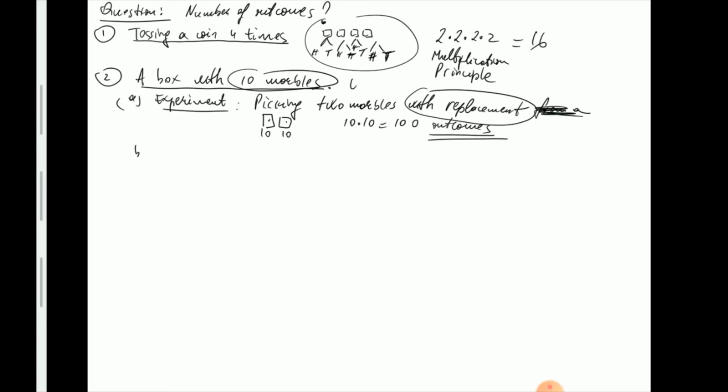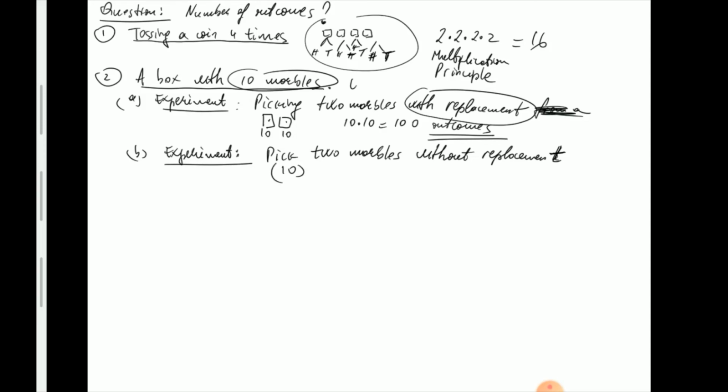But if I say, for the same box, that I'm going to pick 2 marbles without replacement, the number of possibilities for the second selection is not going to be 10. For the first selection, I have 10 marbles to pick from, but I don't put it back in the box.